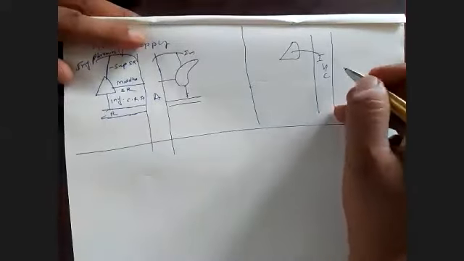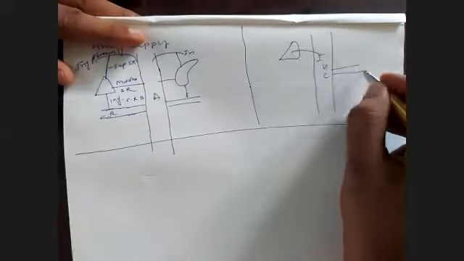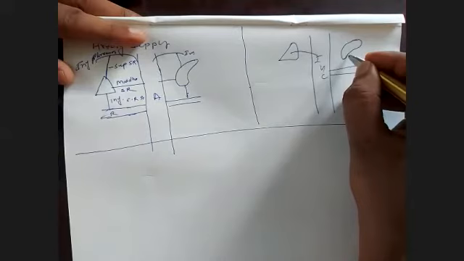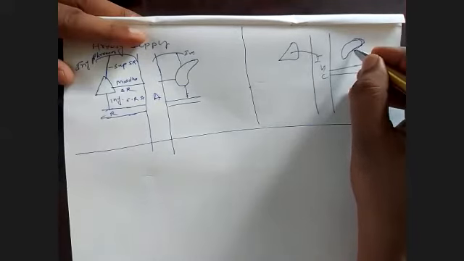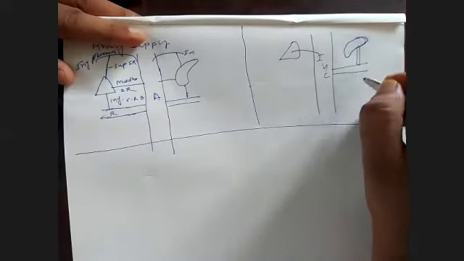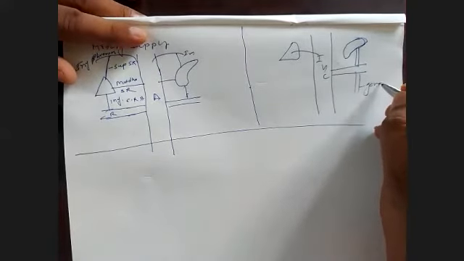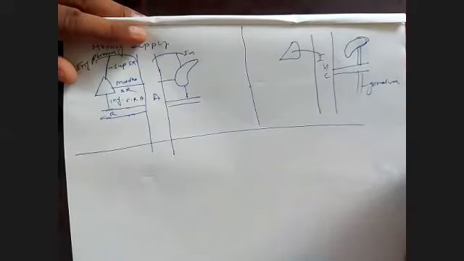The right suprarenal drains into IVC, but the left suprarenal, instead of draining into IVC, drains into the renal vein. This is also true for the gonadal vein.